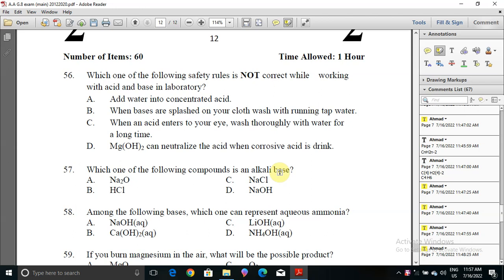Or magnesium hydroxide can neutralize the acid when corrosive acid is drank. So the correct answer for this one will be add water into concentrated acid, which is not correct, right? To add water into concentrated acid is not correct while working with acid and base in laboratory.